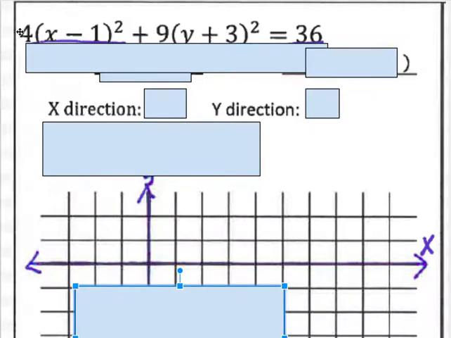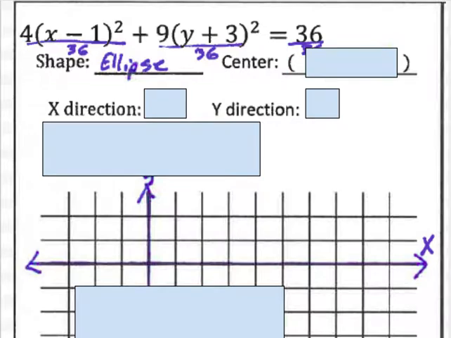Again, notice you're multiplying by something other than 1 here and here. And so this is going to be an ellipse. And we want to get this 36 to become a 1. So instead of subtracting by 36, we're going to divide by 36. But if we divide this by 36, we're going to have to divide both of these terms by 36 as well.